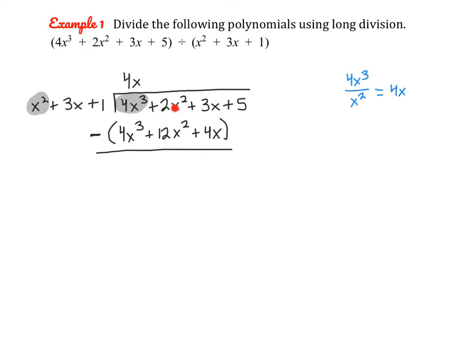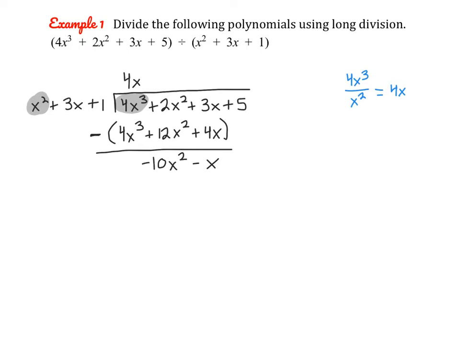Here we do 2x squared minus 12x squared. So we have to be really careful. This gives us negative 10x squared. Remember, we're subtracting in each column. And then last, we have 3x minus 4x, which gives us negative x.